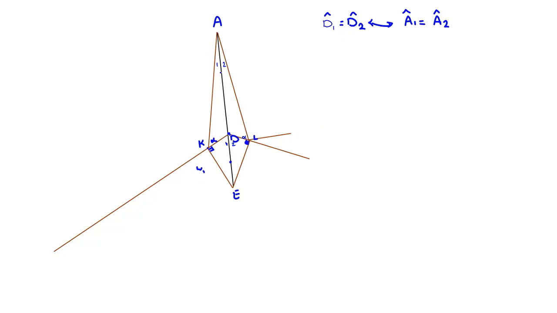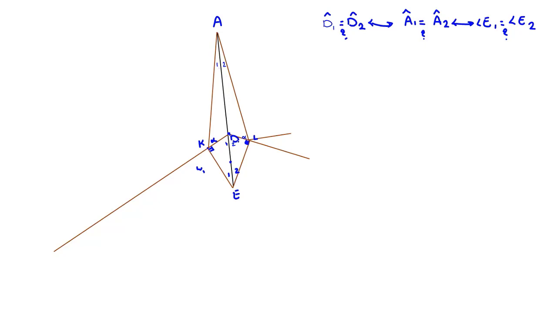So if A1 equals A2, here this angle is 90 plus alpha, this angle 90 plus alpha, so it is equivalent in these two triangles. It is equivalent that E1 equals E2. So we know all these things should be equal if the problem is correct. E1 equal to E2.